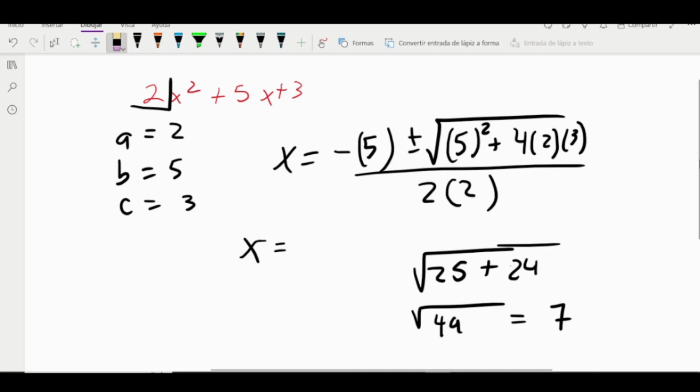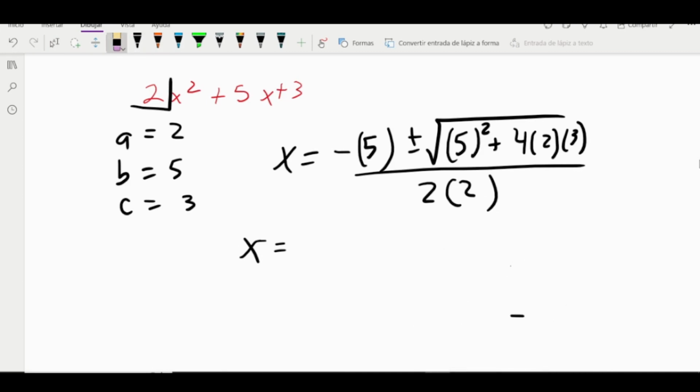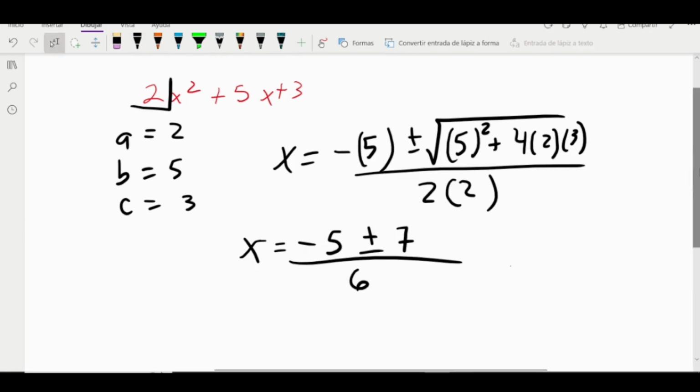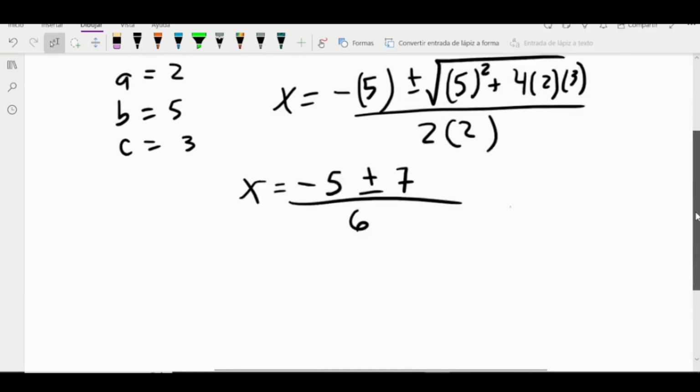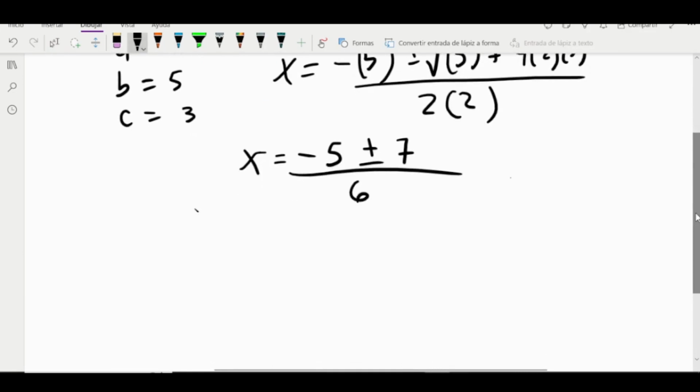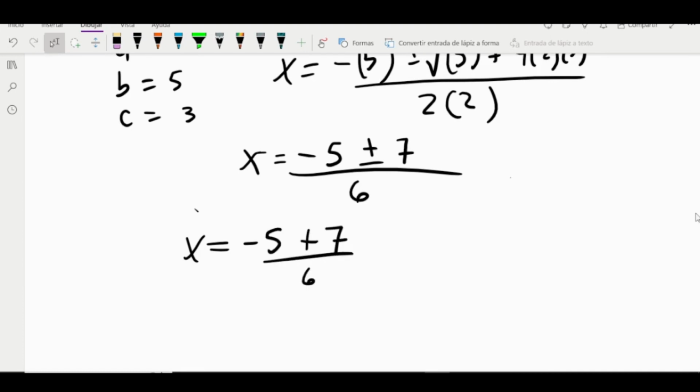So we already know that the value of the square root is 7. Here we say minus 5 plus minus 7 divided by 6. Then, to find the solutions, x equals minus 5 plus 7 divided by 6, and x equals minus 5 minus 7 divided by 6.